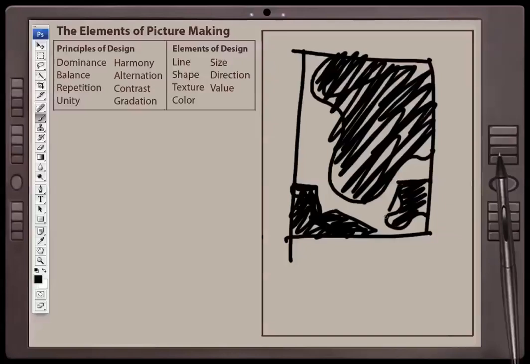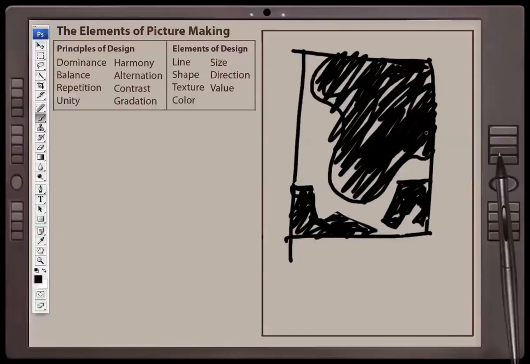I'll make them angular shapes. So it's not the angular shapes that dominate. It's, of course, the large curving shape that dominates. And it dominates because of the larger size that it has. So I didn't achieve dominance by repeating this curving shape like I did earlier, but by making the curving shape the largest shape.